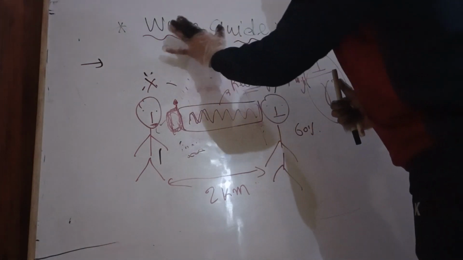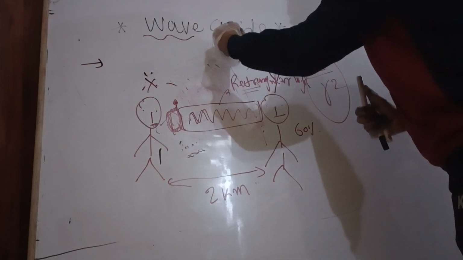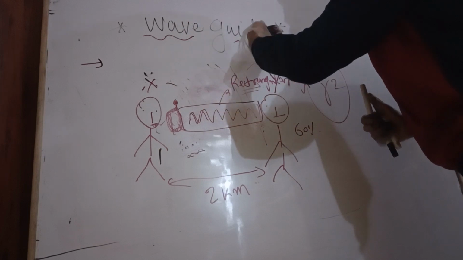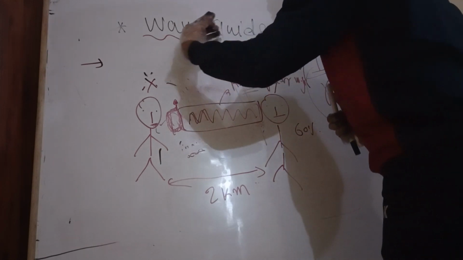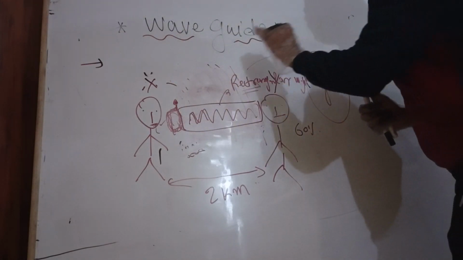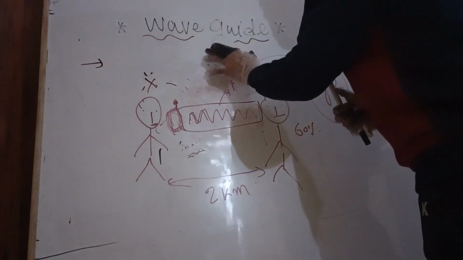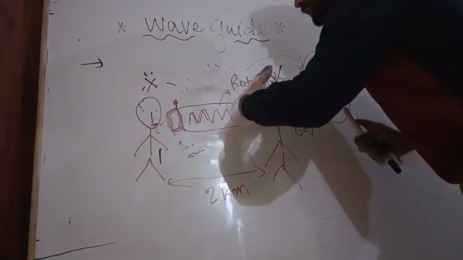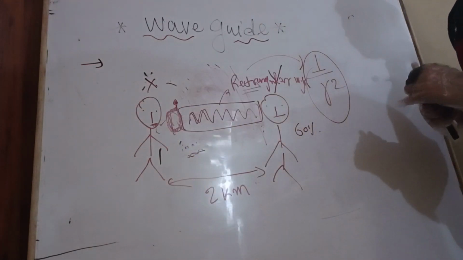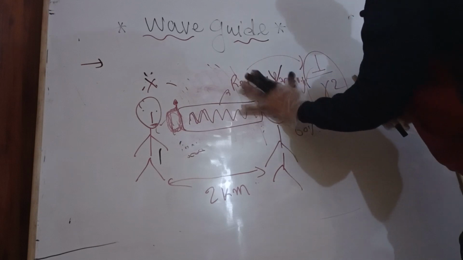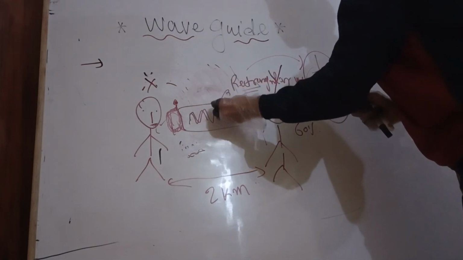This is the main reason we use the waveguide: it guides the wave along this metallic tube with minimum loss, by restricting the transmission of energy to a particular direction.